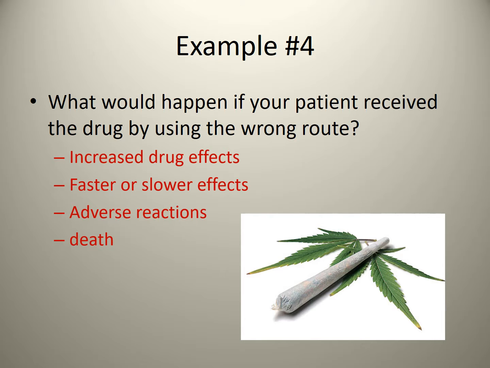Since cannabis has become legal, people are making edible products and experiencing delayed effects. When cannabis is inhaled, the effects are felt almost immediately. However, when cannabis is in the form of an edible, such as a brownie, people wait, they don't feel anything, they eat another brownie, maybe another brownie, and then after some time, the effects start to come in and they're compounded.